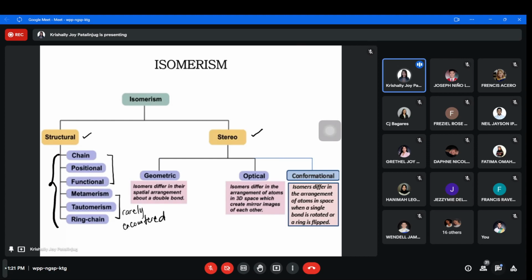So just be familiar with the types of isomerism and paano kayong mag-identify. So given na yung structure or could be the name of the structure, you just have to identify if it is chain isomer, positional isomer, functional isomer ba? Okay? But in here, I will not again let you draw. Walang drawing of isomers. Purely identification of isomers lang. Okay, so yan yung i-master nyo.